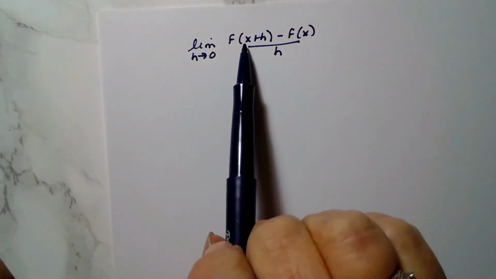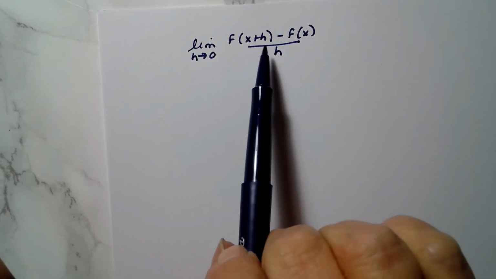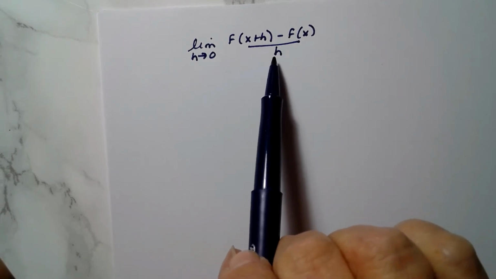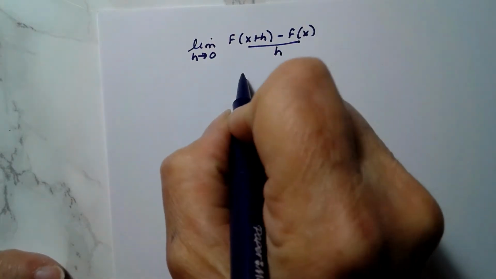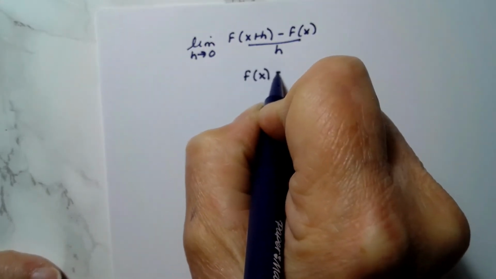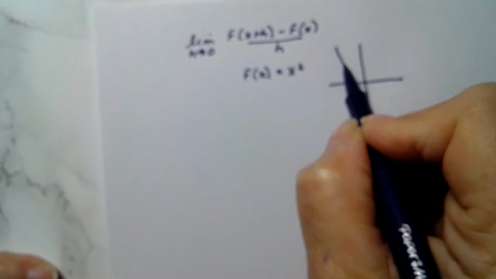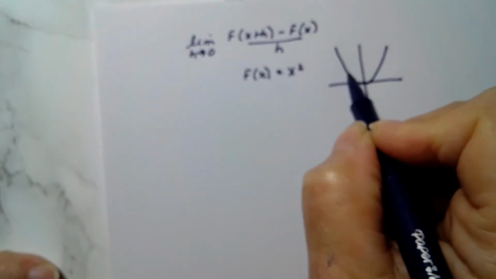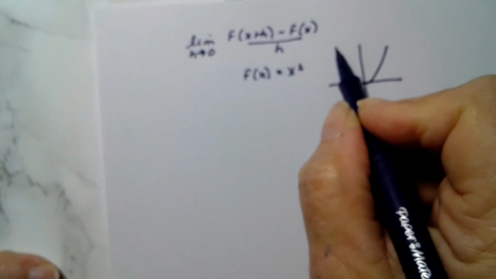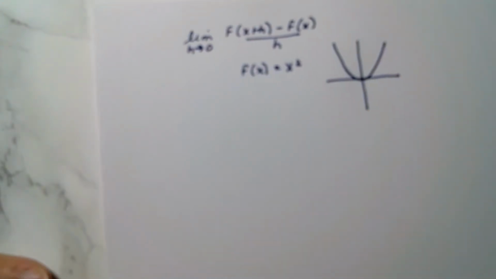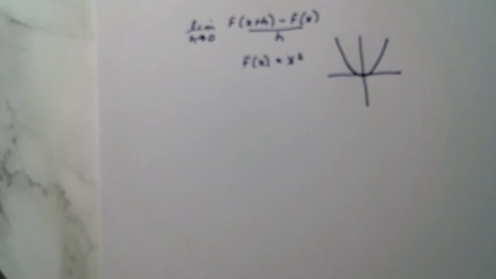Now I'm not evaluating at any particular point. I'm going to evaluate over the entire domain of the function. So let's stick with x squared for a second. Again, this is nice and smooth, and so for every single point on this curve, I can find the derivative.